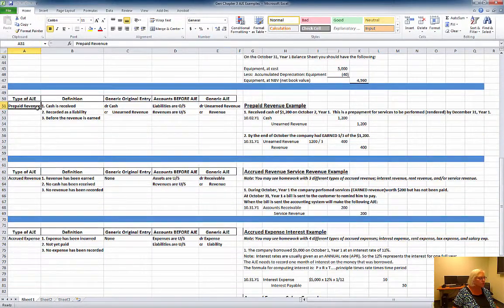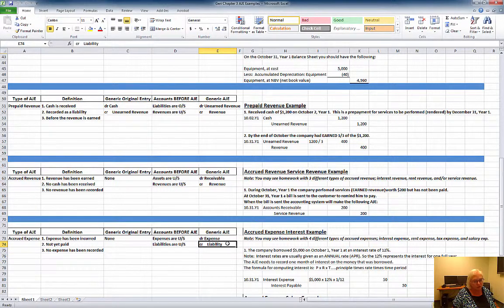For prepaid revenue adjusting entries, remember what kind of an account is unearned revenue? Liability. Okay, so that goes on the balance sheet. Revenue is revenue that goes on the income statement. For accrued revenues, receivables go on which statement? Got it, balance sheet. And revenues are on the income statement. Okay, and then finally, accrued expenses. The expense goes on the income statement, and the liability goes on the balance sheet.